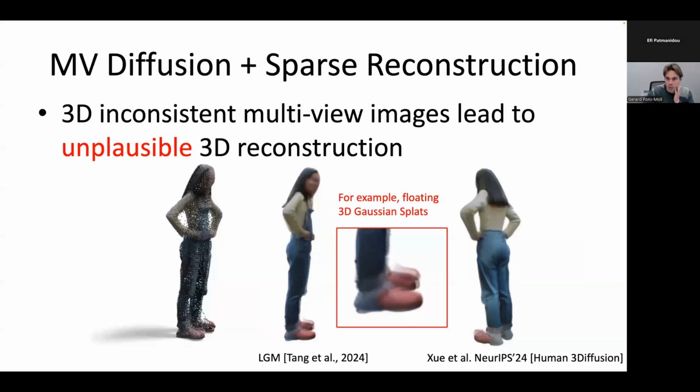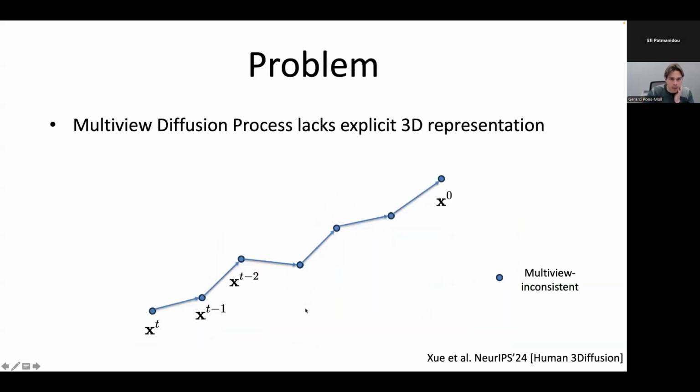So what is our idea to fix this problem? Just to remind you of what diffusion is doing, you start with some noisy signal x_t. This is full noise here. And you take a series of steps to denoise this signal into x_0, which is the signal that we want to recover, which is a sample from the distribution. Now, the problem is that at every step we are going through these blue dots, each of which, by the way, represents 4 images, these 4 views of the model.